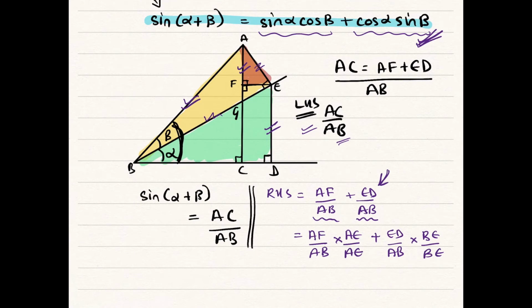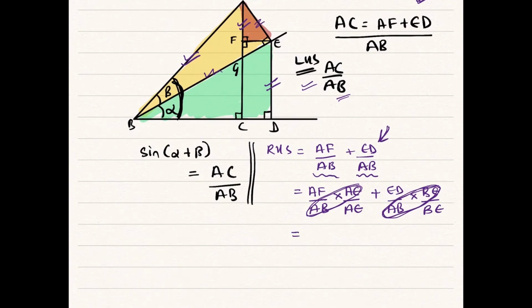Why am I taking a common side? Because now when I interchange the positions of these sides in my equation, I can get a ratio which can make me prove my equation. My whole point is to prove the identity, in fact, sin alpha plus beta is equal to sin alpha cos beta plus cos alpha sin beta.